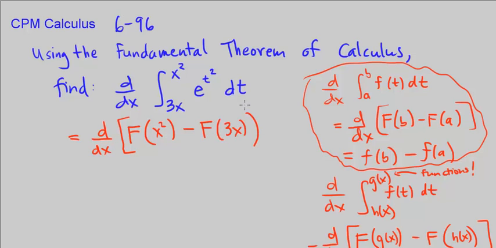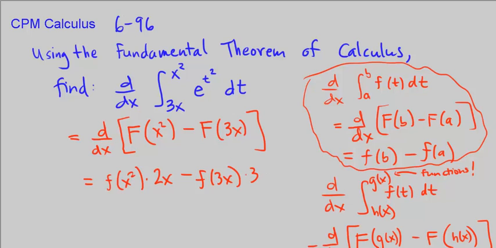This is basically just taking the integral. But now that we have to find the derivative, this is going to be little f of x squared times the derivative of x squared, which is 2x, minus little f of 3x times the derivative of 3x, which is 3.